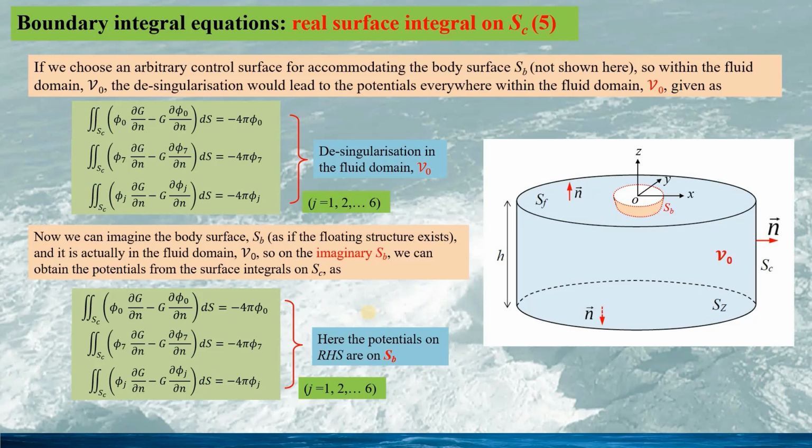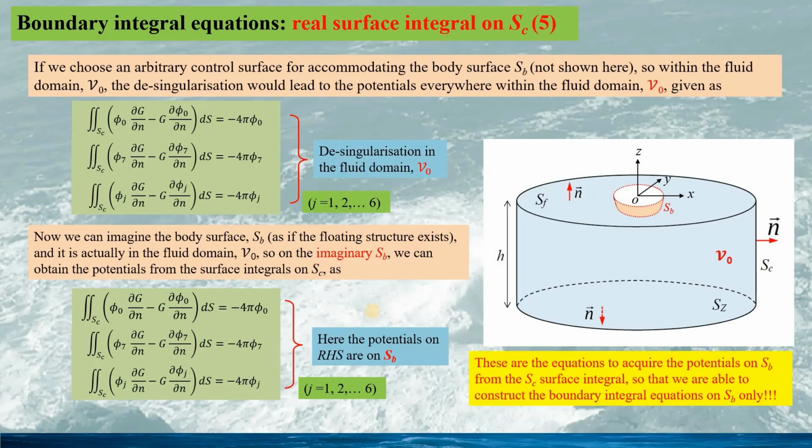The potential of the incoming wave would be known if the wave amplitude and frequencies are given, as we have talked about before. These are the equations to acquire the potentials on SB from the surface integral on SC, so that we are now able to construct the boundary integral equations on SB only.